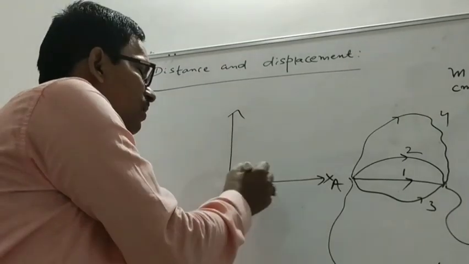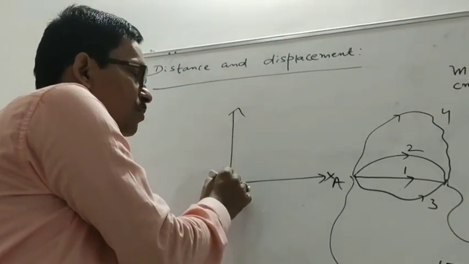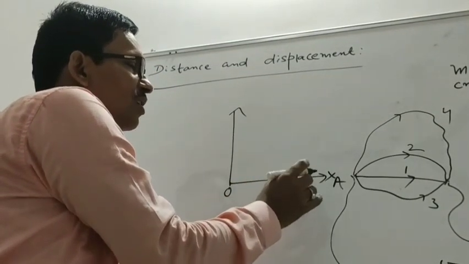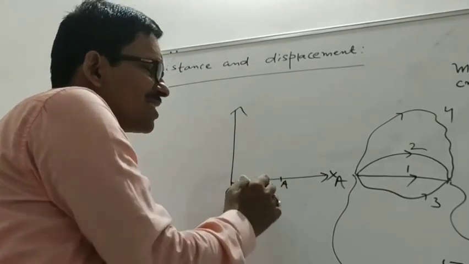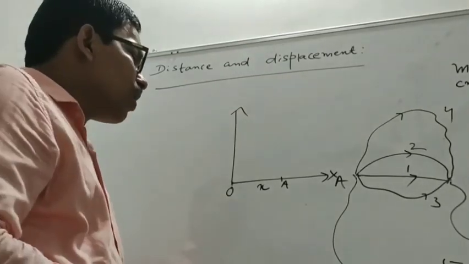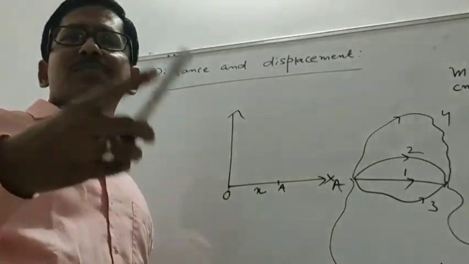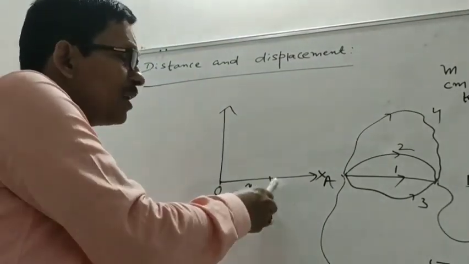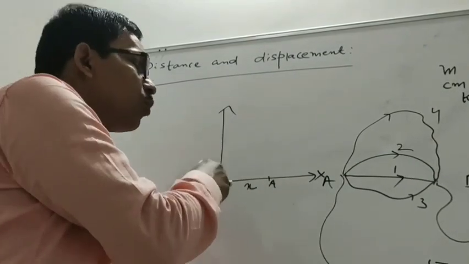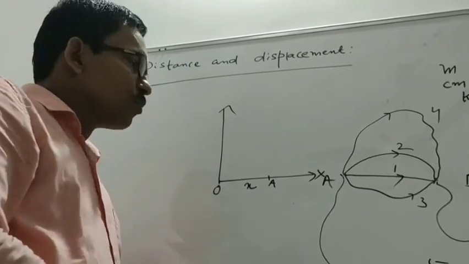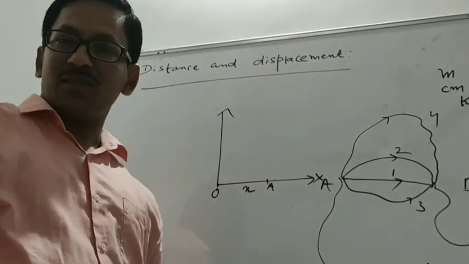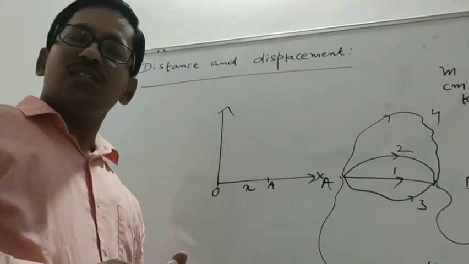The body starts from O and reaches here. This is point A. Suppose this distance is x. When it goes from O to A, displacement is x. And when it returns back from A to O once again, then what is the displacement? From A to O it is minus x. So total displacement is 0.